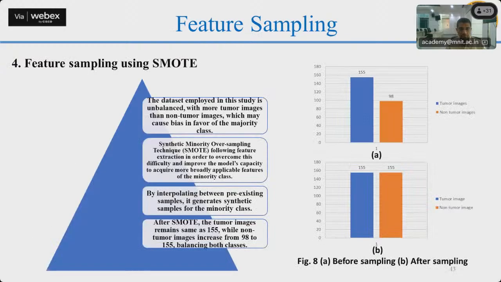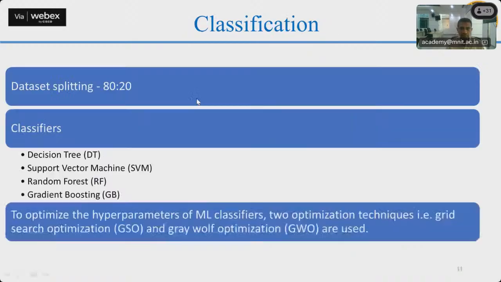Thereafter, we are using a series of feature sampling steps. Then we come to the classification part. In classification, whenever you train the data with supervised learning, you need to mention the ratio: how much you are using for training and how much for testing.